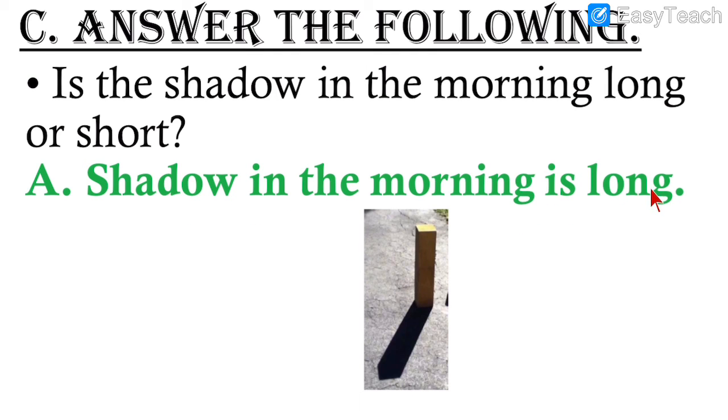What is the length of the shadow? In the morning it is long. Also in the evening you see it is long. Right? We have learned that shadows in the morning and evening are long, while shadows at noon are the shortest. So this much is the answer. See, this is the shadow of the thing which is kept in the morning.